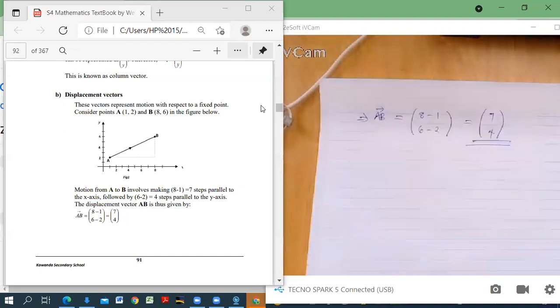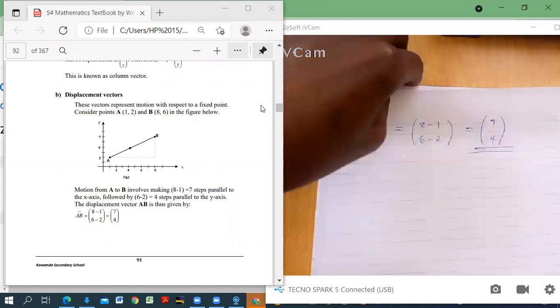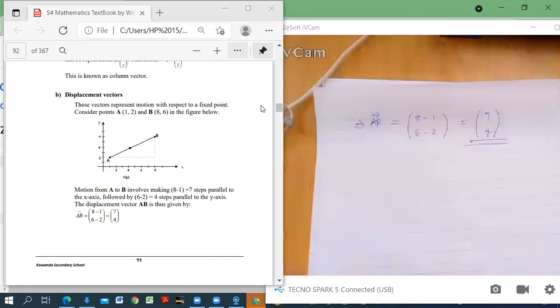Have you seen how we get displacement? Are we together on that? Good. Another example on that.